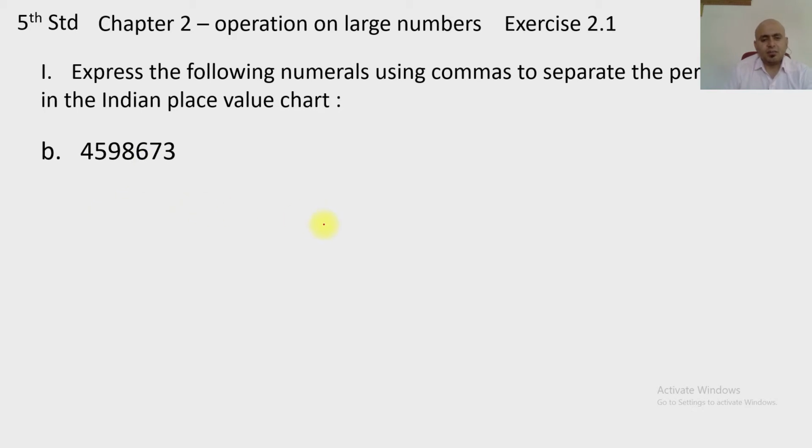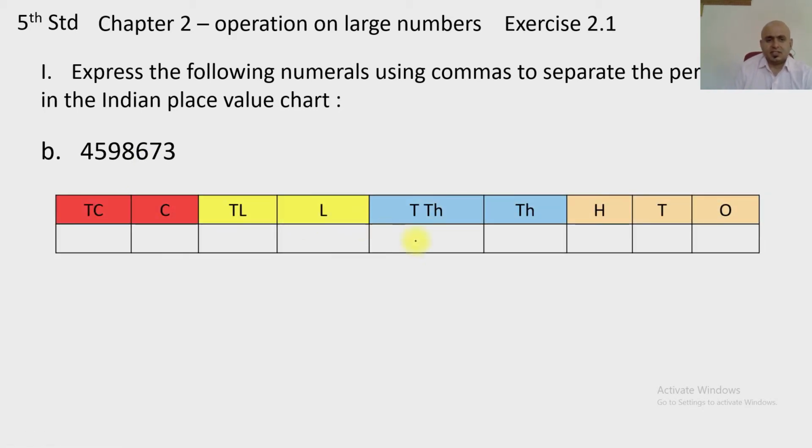Next question, 4598673. Let us fill this number in the Indian place value chart. Here is a chart. You should fill the numbers starting from the ones place, that is ones, tens, hundreds. So you can't fill from 10 lakhs or 10 crores now. Let us write 3 in the ones place, 7 in the tens place, 6 in hundreds, 8 in thousands, 9 in 10,000 place, 5 in the lakhs place, and 4 in the 10 lakhs place.